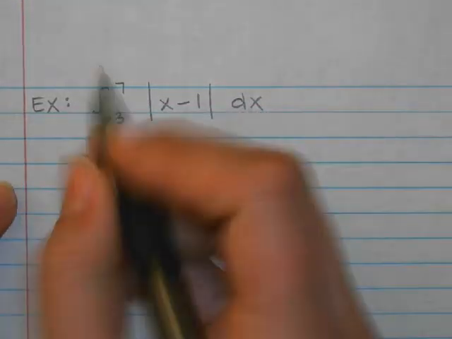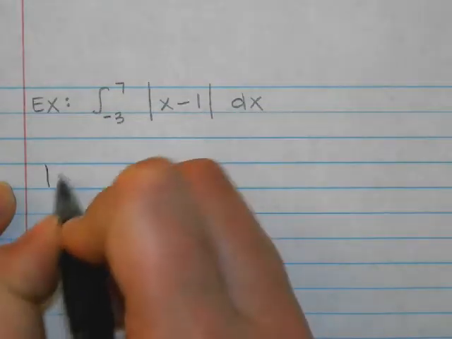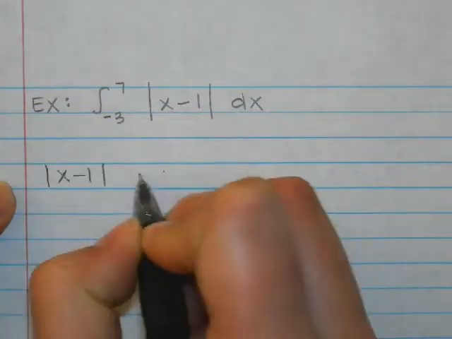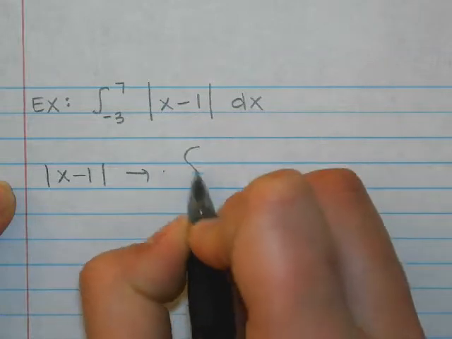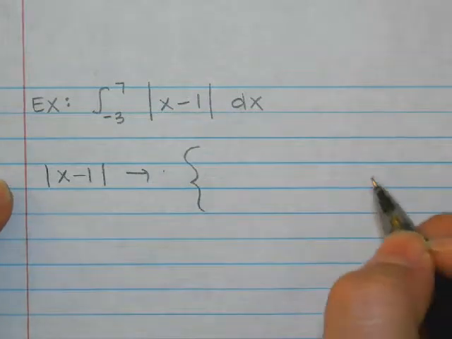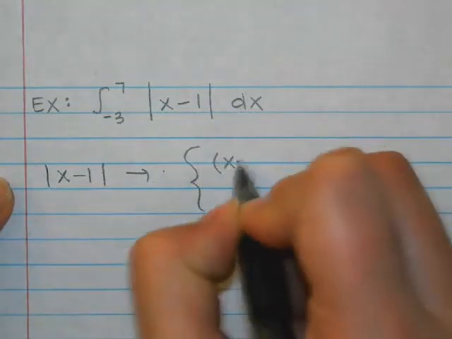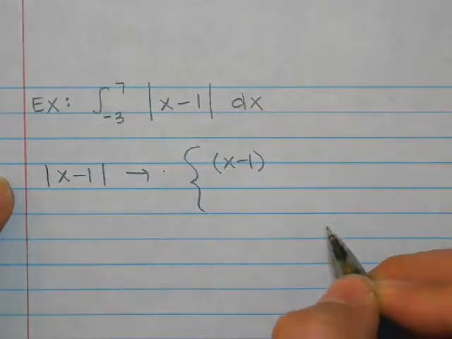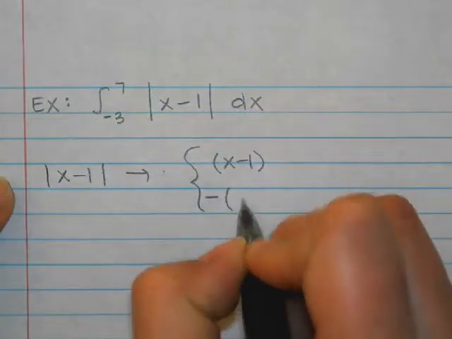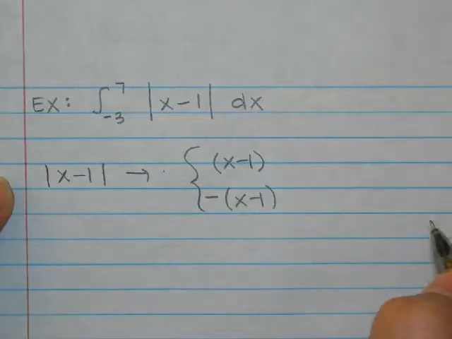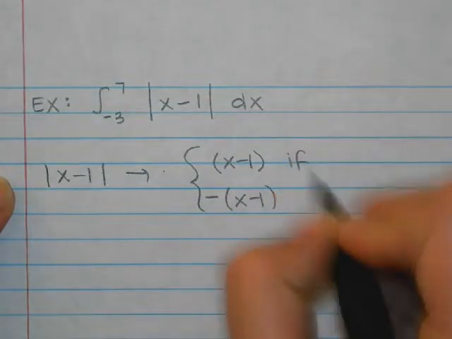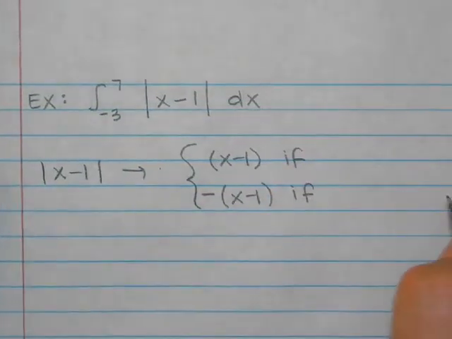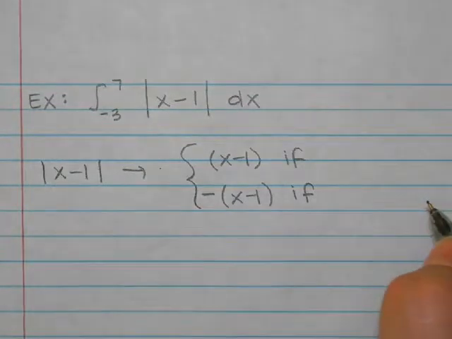So if our original function is the absolute value of x minus 1, I can't have that. I'm going to rewrite that as a piecewise, and I have two versions of it. I have the positive version of what's inside the absolute value symbol, and then I have the negative version of what's inside the absolute value symbol. And then I have to give the restricted domain for each of those lines.